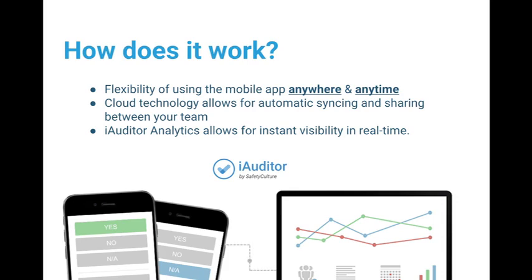And the information recorded within iAuditor will then sync up with the iAuditor web platform. From here, you'll be able to review all your collated data, as well as use the analytics feature to gain valuable insights into your organization. And since all the platforms run on the cloud, your data will continuously be backed up and sync with all your devices in real time.